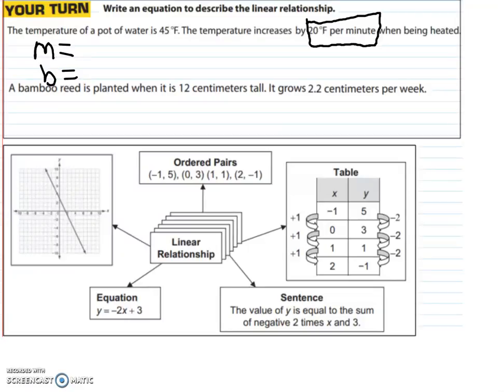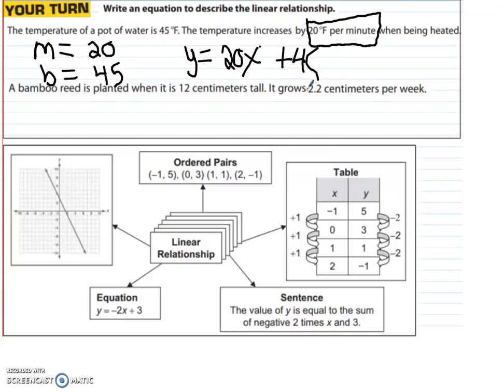Well, 20 degrees Fahrenheit per minute is the constant rate of change. It's constantly going up by 20 over 1. The pot of water has an initial value of 45. So if we write an equation in the slope-intercept form, y equals mx plus b, it is y equals 20x plus 45.